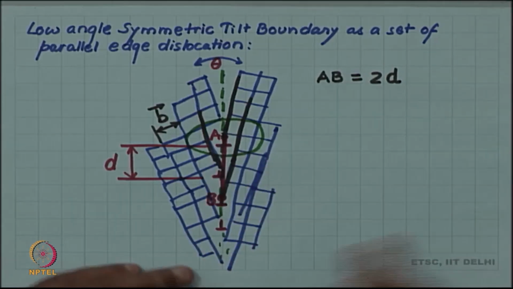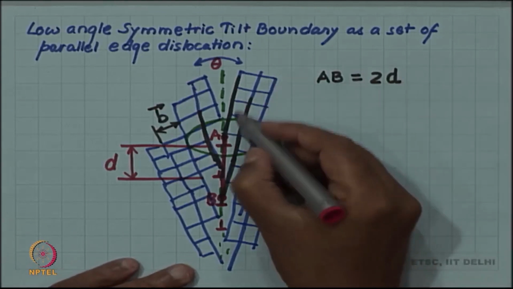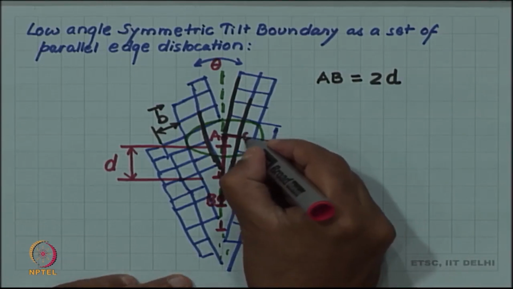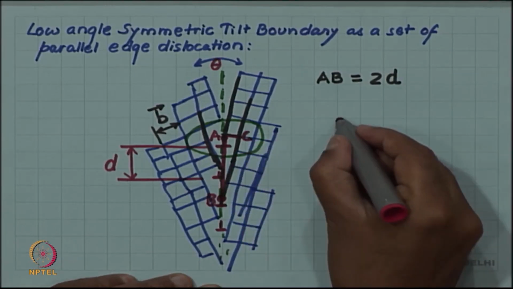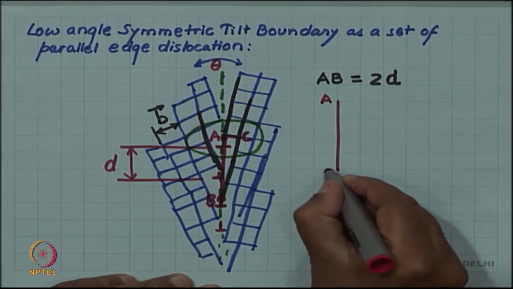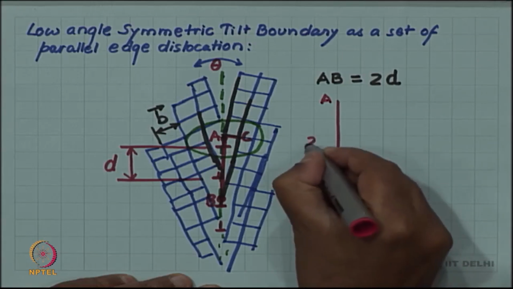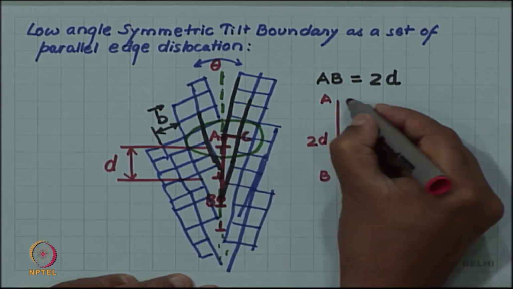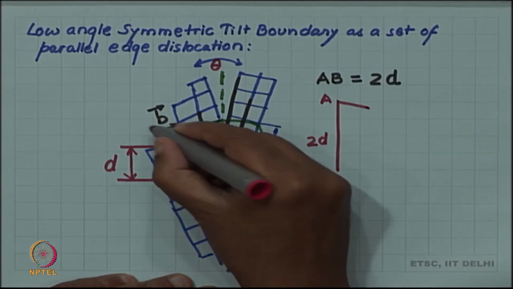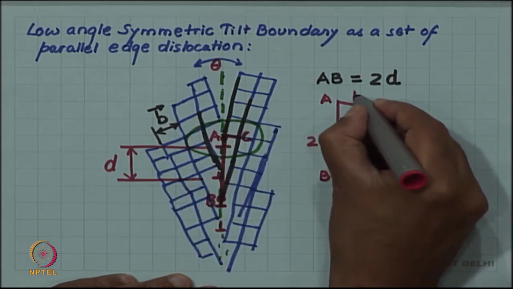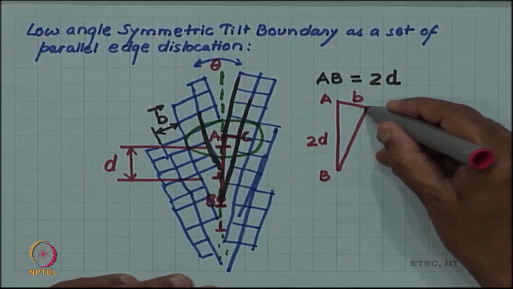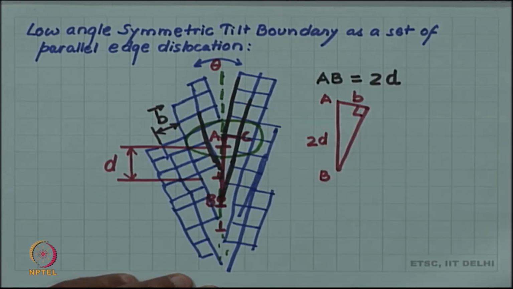And then if I join this, let me call this C. So, I have made a triangle now where AB was 2D, and then A to C is nothing but the interplanar spacing, which is our Burgers vector. So, A to C is b, and this is the right angle.